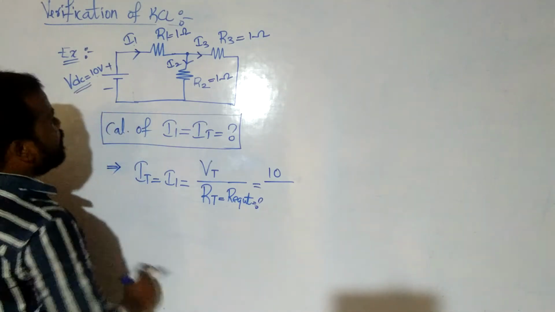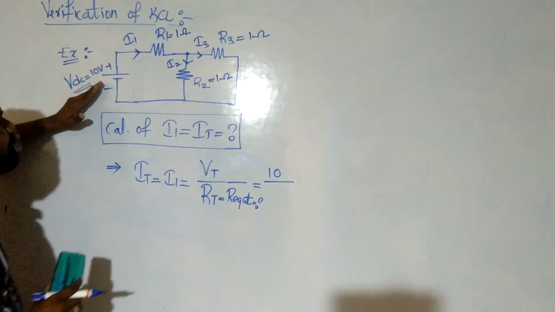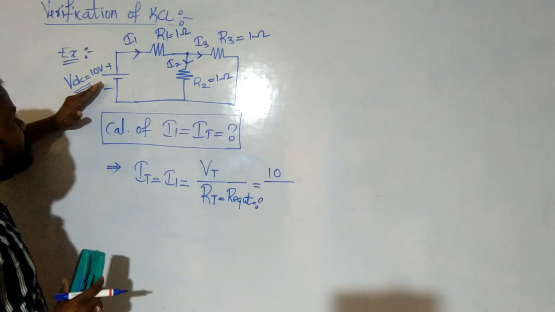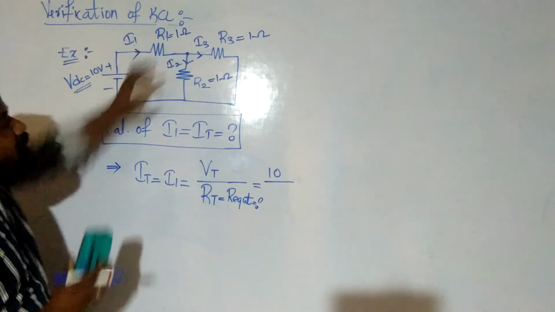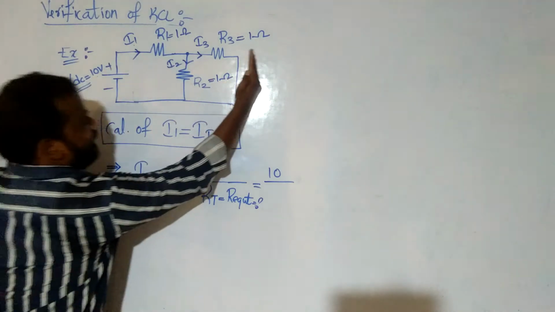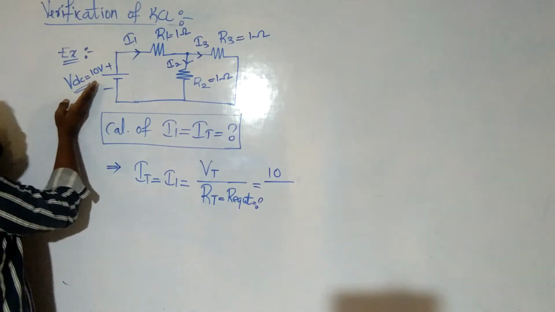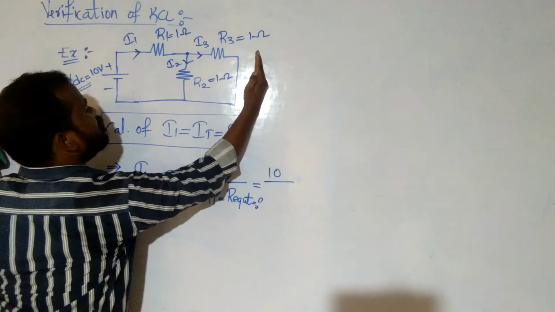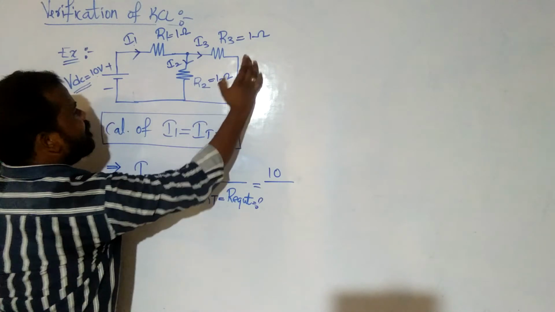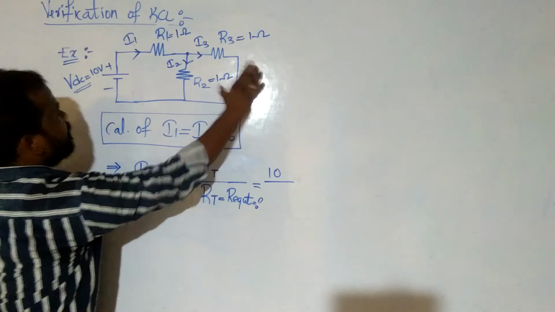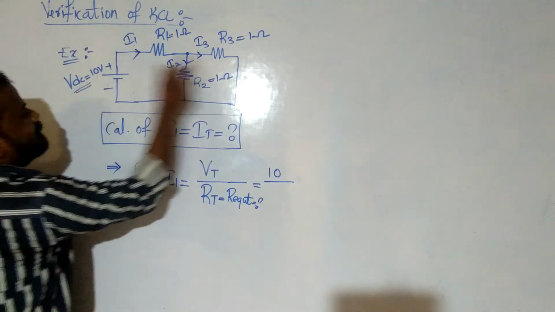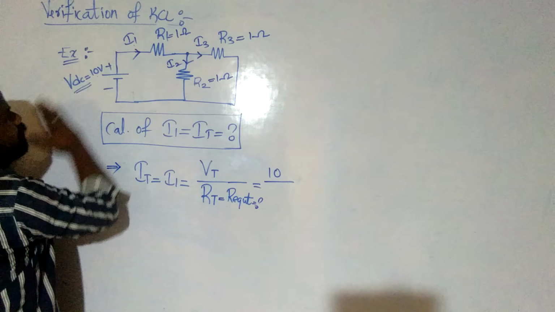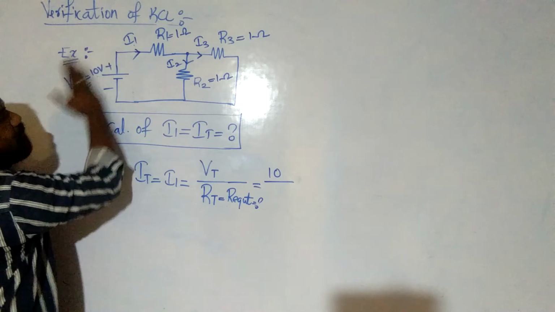First we need to find the value of R equivalent. Now the supply is connected on the left side. So to calculate the equivalent resistance, we must start from the right side, because the source is connected here. If the supply were connected on the right side, then we would start the calculation of resistance from the left side.